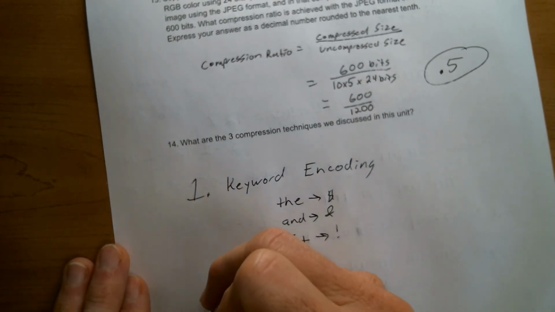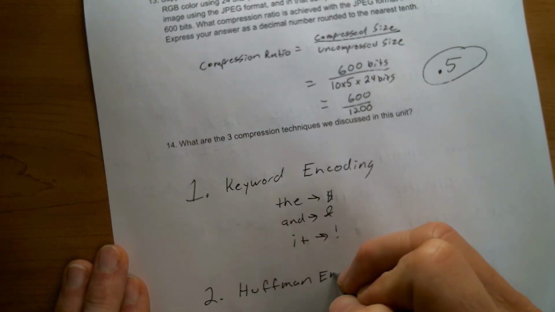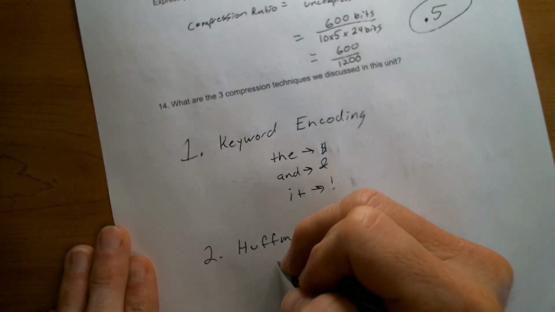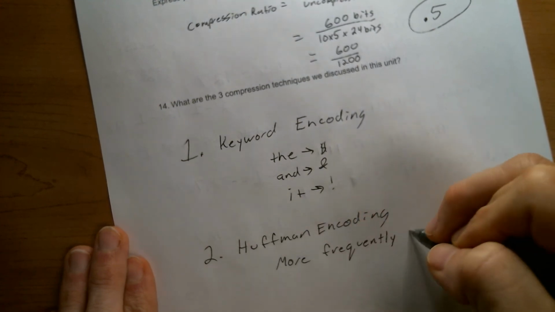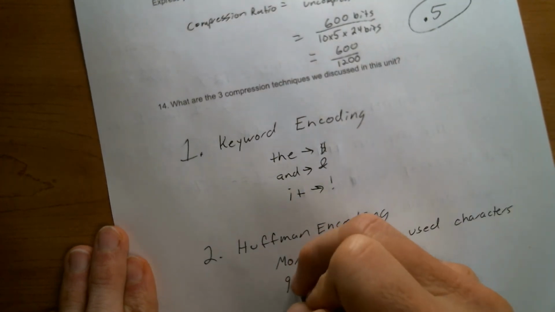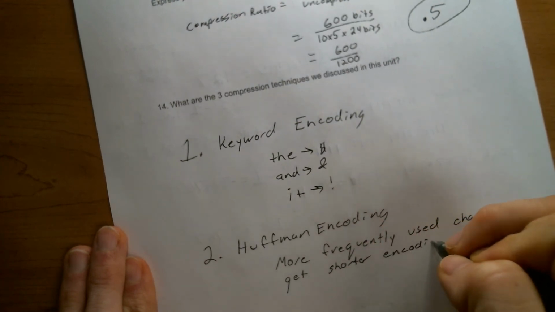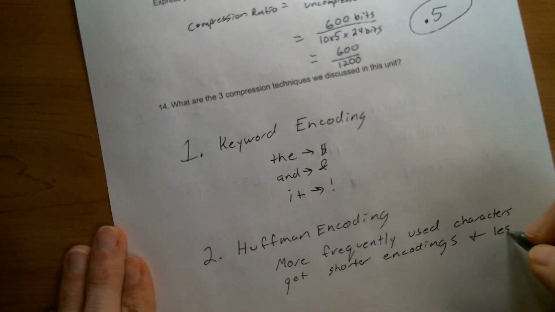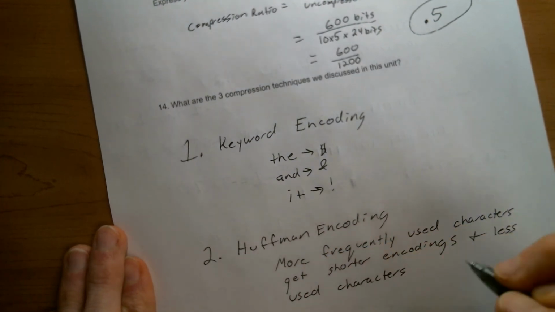All right. Next was Huffman encoding, which is where more frequently used characters get shorter encodings and less used characters get longer encodings.